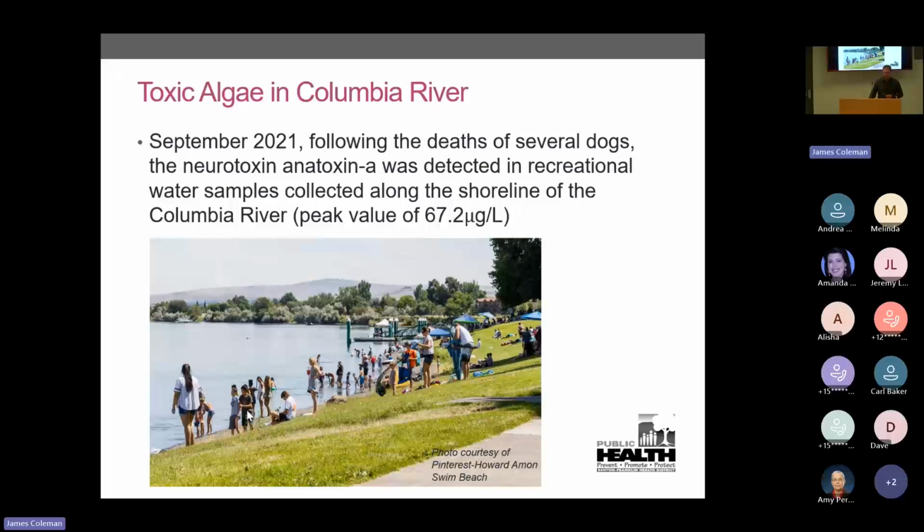At one point, we recorded a level of 67.2 micrograms of anatoxin, which is like 60 times above the recreational level. And these were in locations where the dogs had reportedly gone.